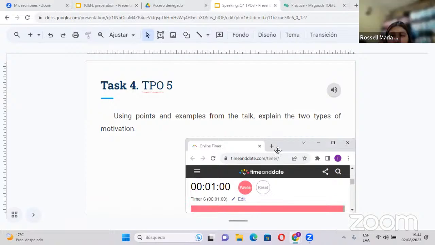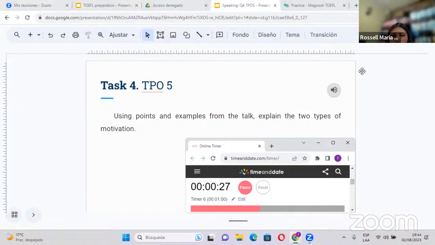Well, the lecture discussed two types of motivation. First, the professor explained intrinsic motivation, and to illustrate, she gives the example of a woman who went to the gym because she enjoyed it and felt good with this activity.